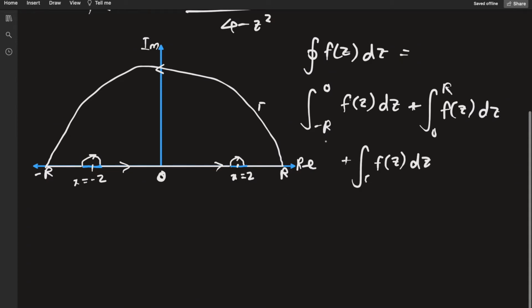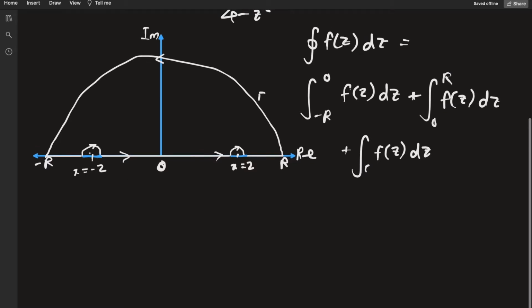But the catch here is we also have to include the integrals over paths, what do we call this, beta 1 and beta 2. So the integral over beta 1 and the integral over beta 2.